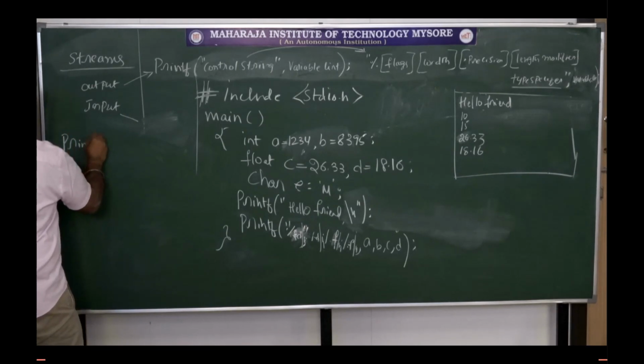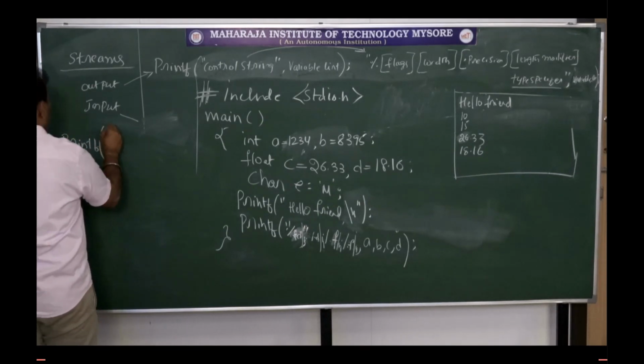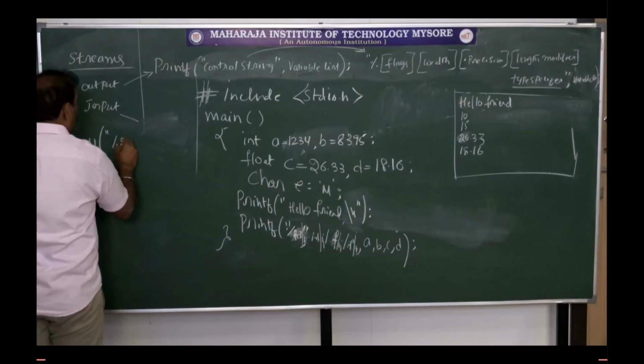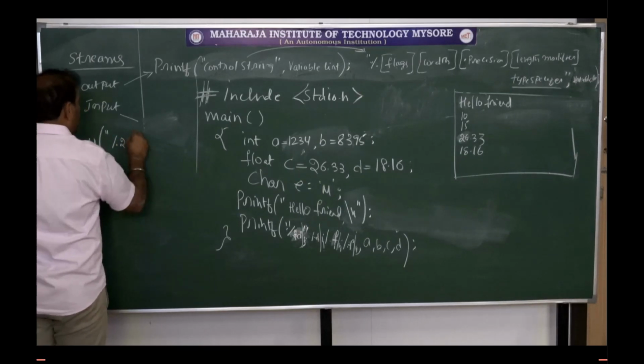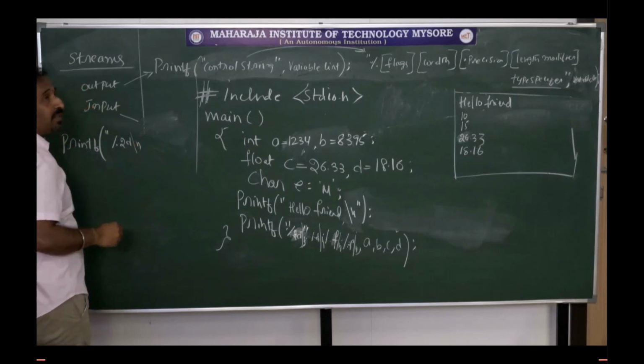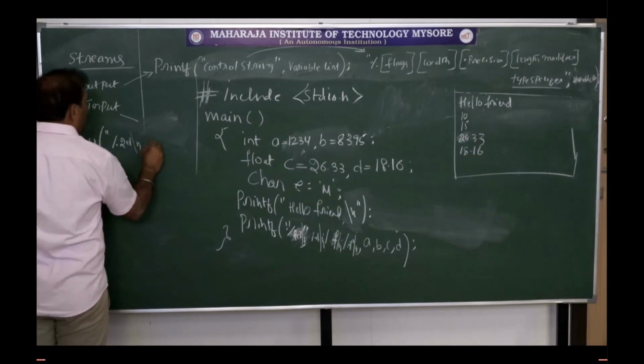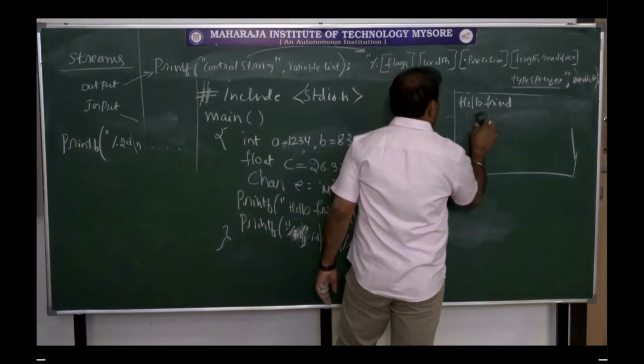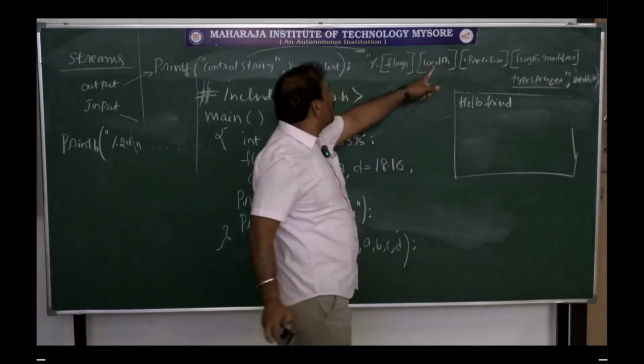You see here, printf percentage 2D slash n. Continued like this. Now, what happens? You are mentioning width.